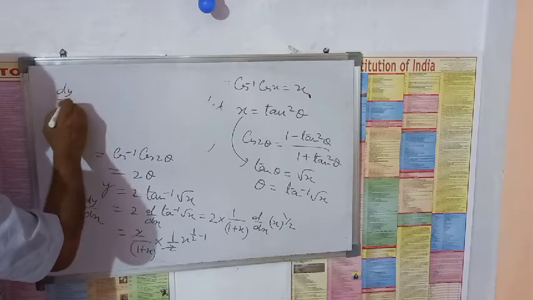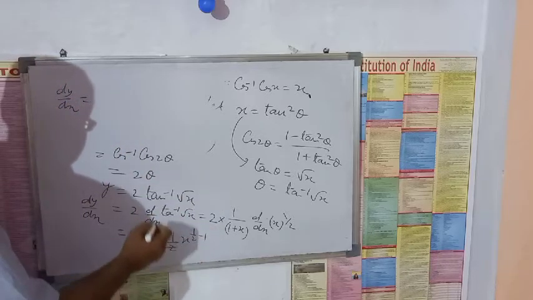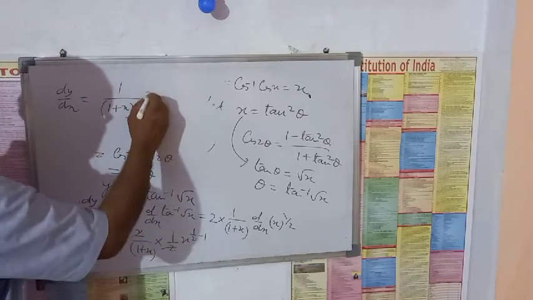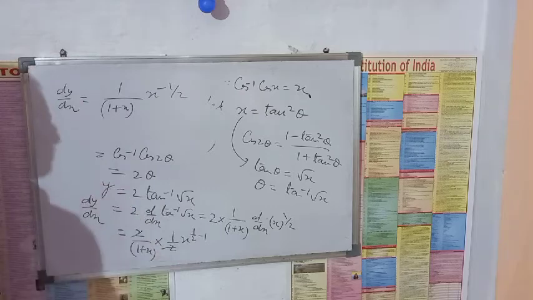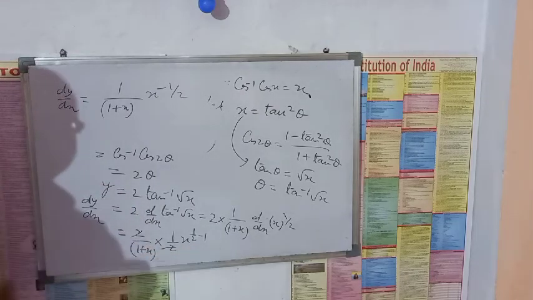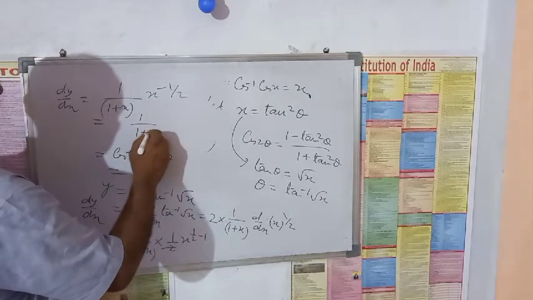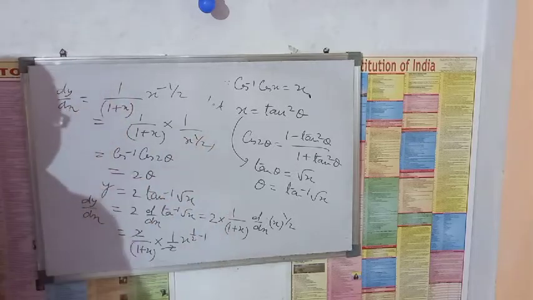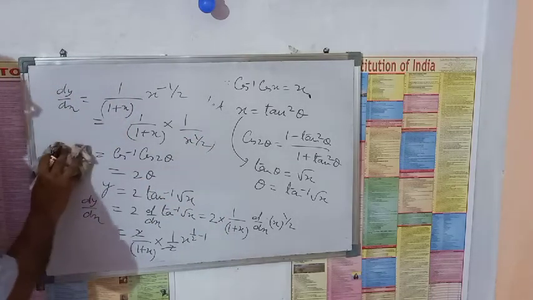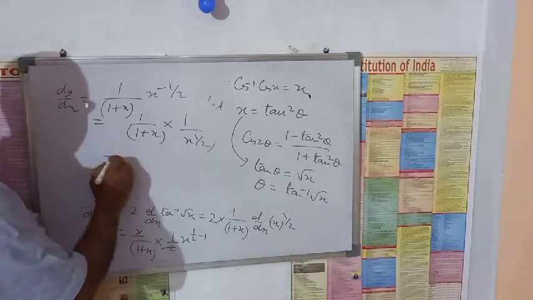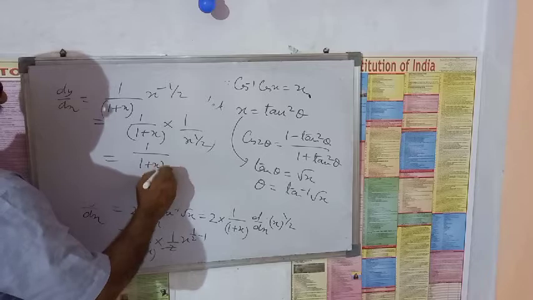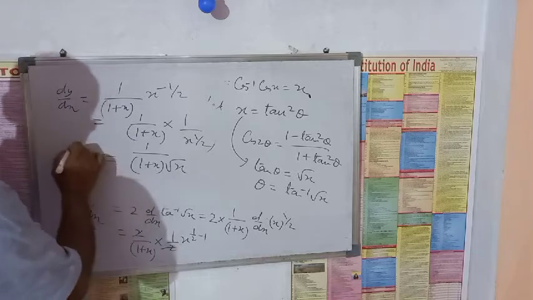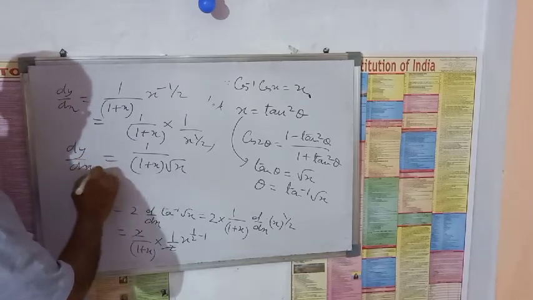So dy by dx is equal to 1 upon 1 plus x, and it will be x to the power minus 1 by 2 minus 1. So 1 upon 1 plus x, take it downside, it will be x to the power plus 1 by 2. So 1 upon 1 plus x, it can be written as root x. dy by dx is equal to this.